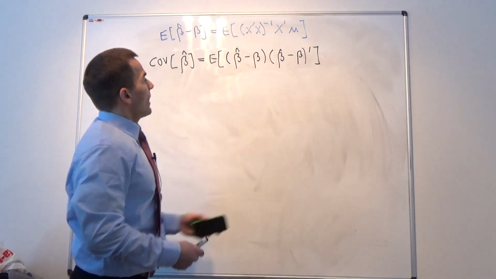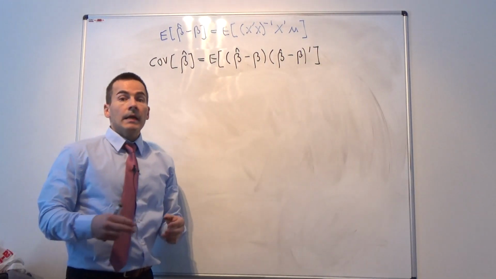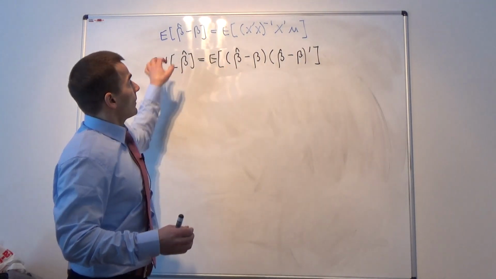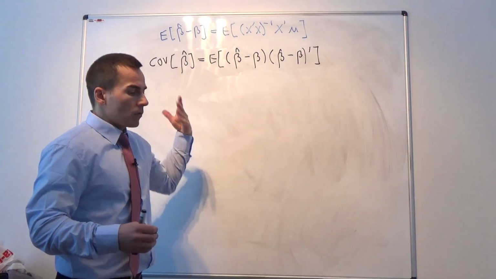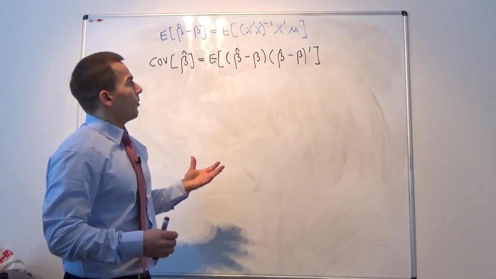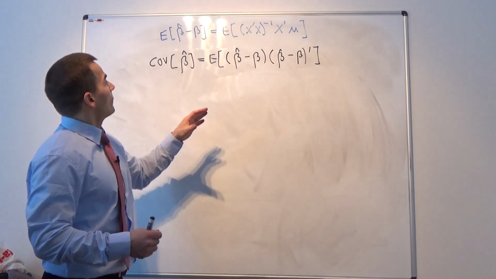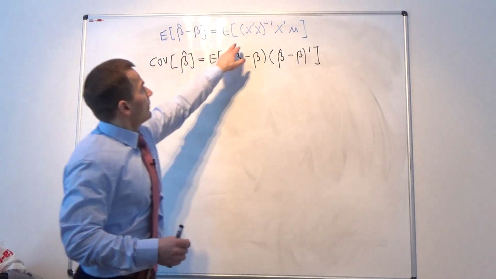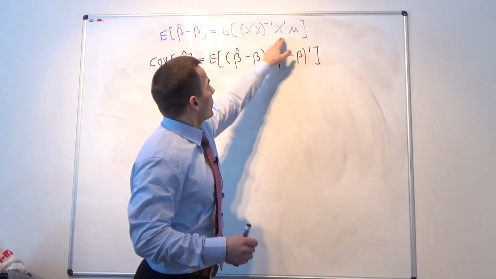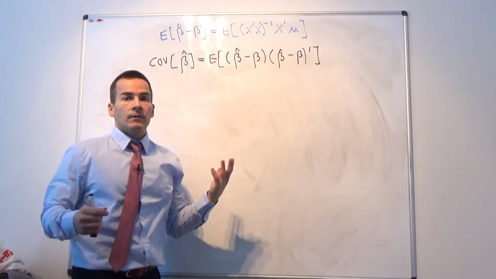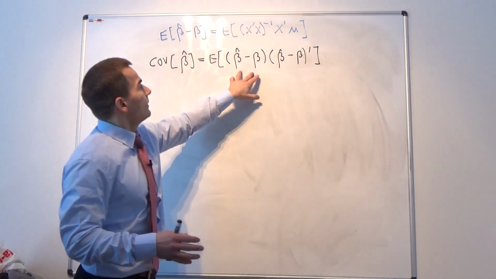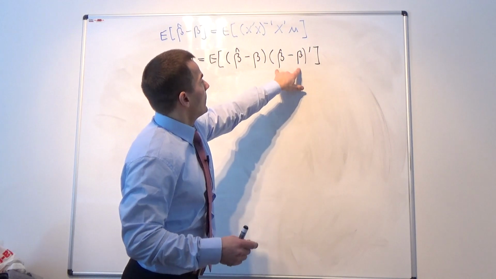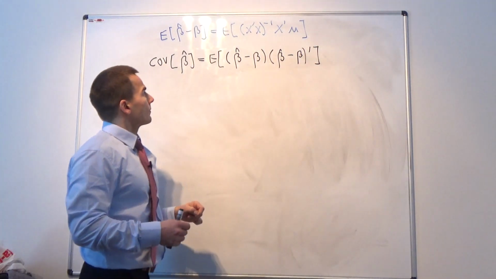And now we make use of our intermediate result from the previous analysis, when we had a look at the properties of the point estimator. So we know that beta hat minus beta is this expression here. So we can use this intermediate result and just plug it in here, and we plug it in here transposed.